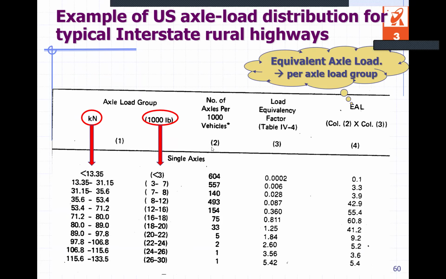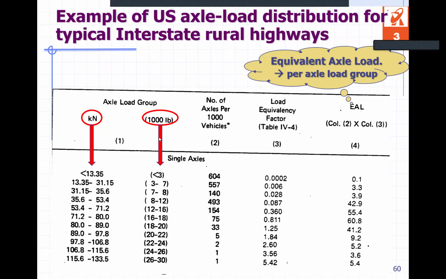Here you see the third column, number of axles per 1,000 vehicles. This is based on historical observations. For every 1,000 vehicles, these are the weights that they will have. And this is the axle group and the number of repetitions.